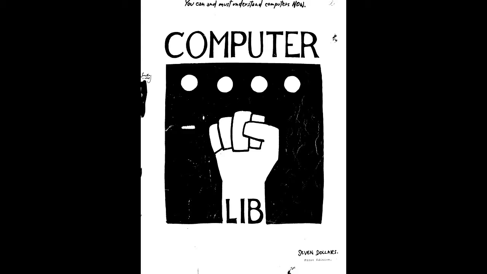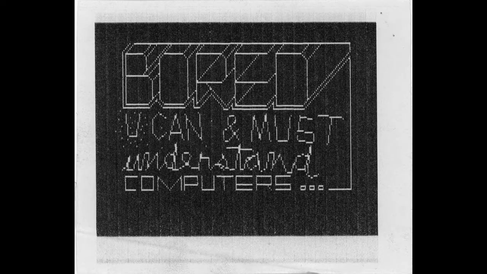Check it out. This is the cover of Computer Lib. This was printed in 1974. It's by Ted Nelson. It's very, very famous. And you can see here the slogan on the cover of this book is, "You can and must understand computers now, Computer Lib."